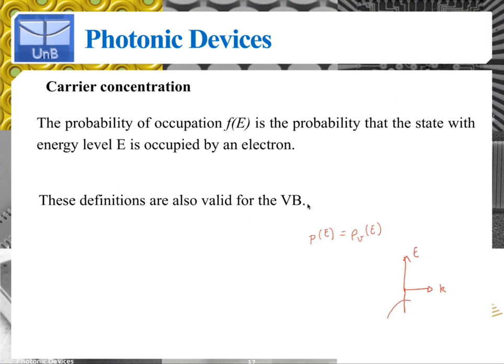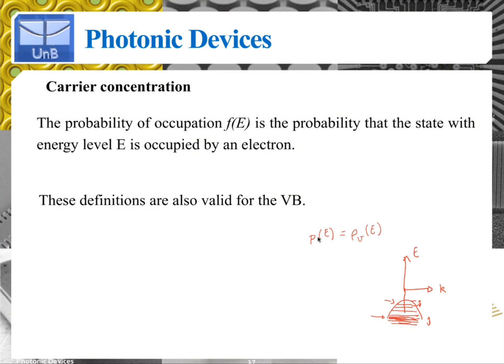You can have certain energy values that have fewer states and other energy values where the energy states are closer together and you have more states. So let's say within this range you have more levels than within this range right here. Therefore, here the density of states is smaller than here, where the states are closer together.